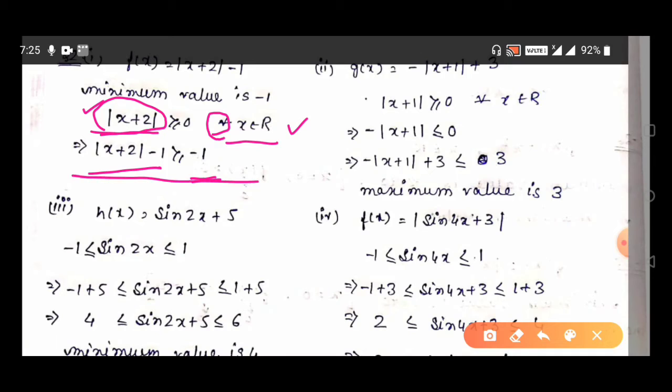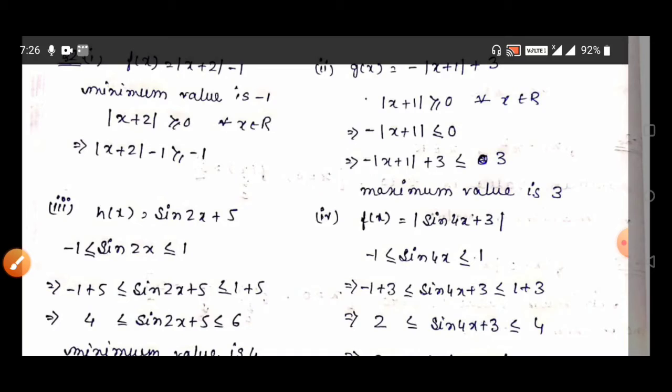So from this line, we can say that the value of the given function will be greater than or equal to minus 1, but cannot be less than minus 1. If it is greater than or equal to minus 1, that means minus 1 is the minimum value. Here we cannot find the maximum value. So the minimum value is minus 1.